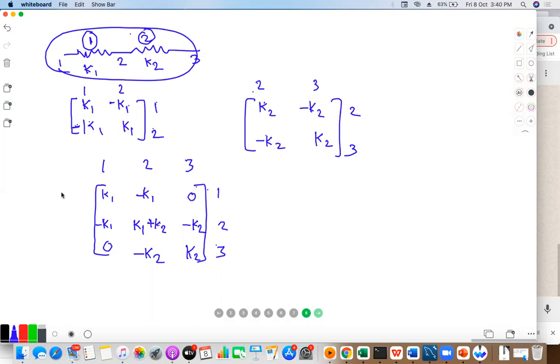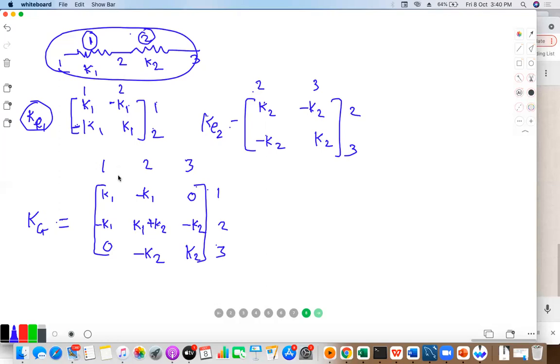So these are my element stiffness matrices KE1 and KE2, and this is my global stiffness matrix KG. What I have simply done is write the nodes 1 2, 1 2, 2 3, 2 3 over the elements.